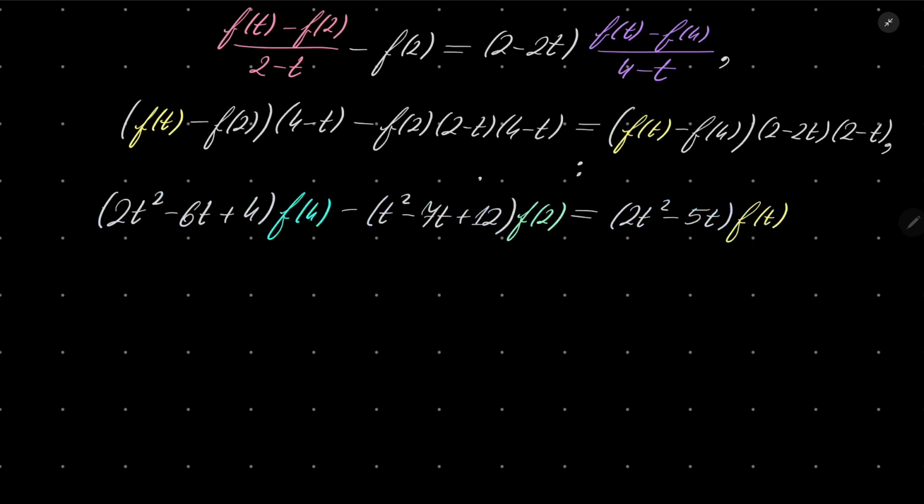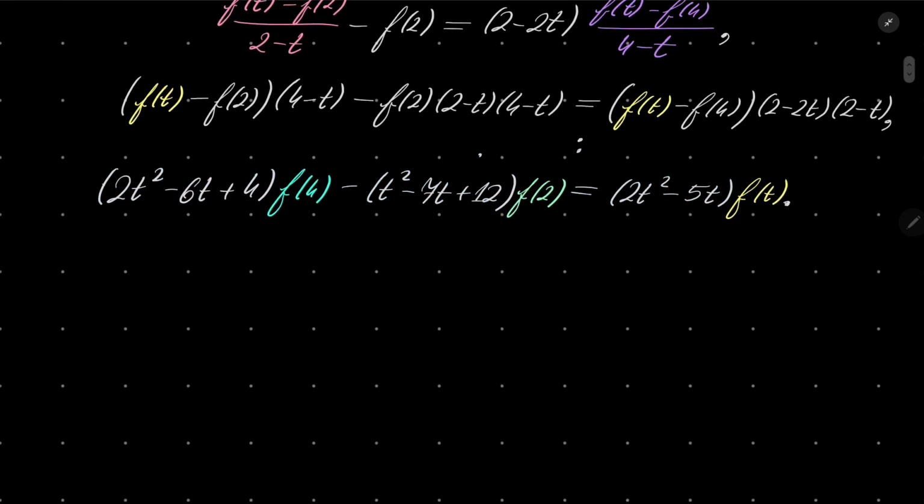Alright, so we are almost there, but now to get f(t) we should divide by this parenthesis, but here's the problem. This parenthesis is 0 if t equals 5/2. So first let's call this condition triangle, and let's set t equal to 5/2 in our condition triangle.